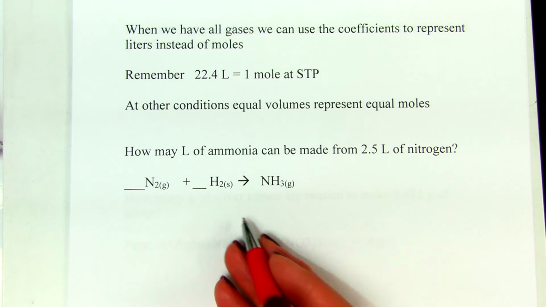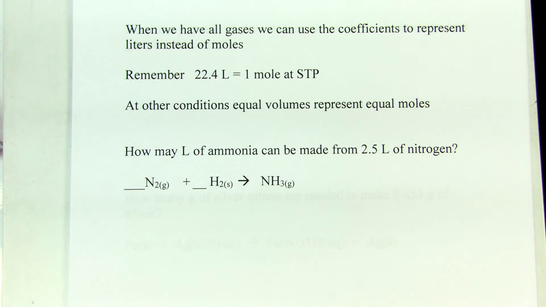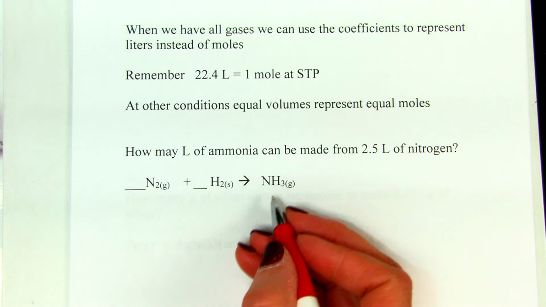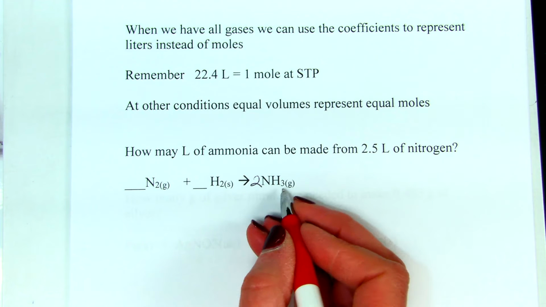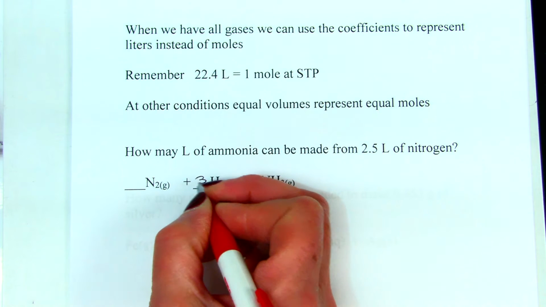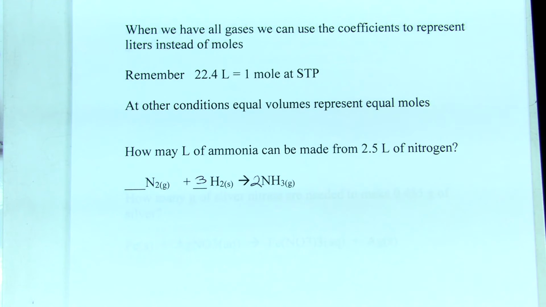So if we look at this balanced equation, which is not balanced yet, for the formation of ammonia gas, we're going to put a 2 here for ammonia. Now I have 6 hydrogens, so I need a 3 here. So now, how many liters of ammonia can be made from 2.5 liters of nitrogen?